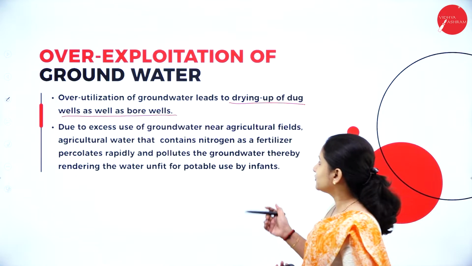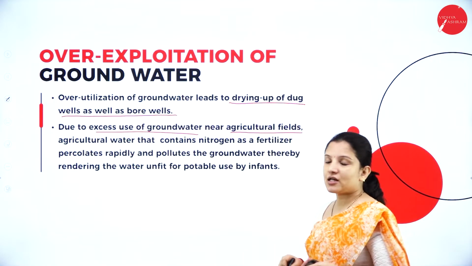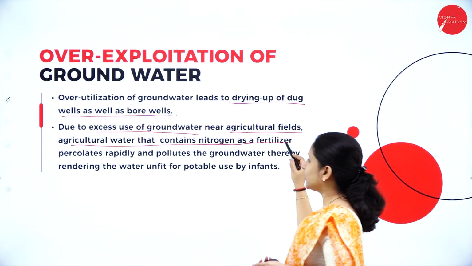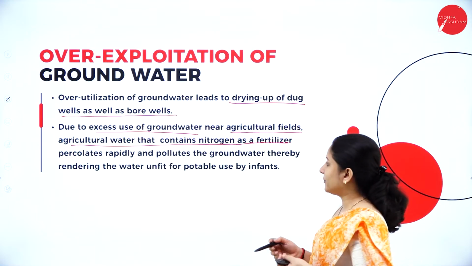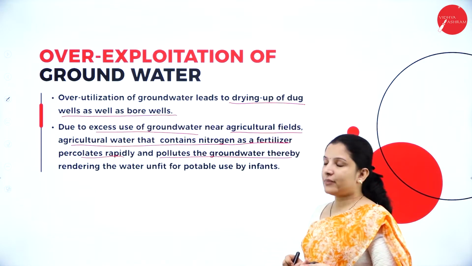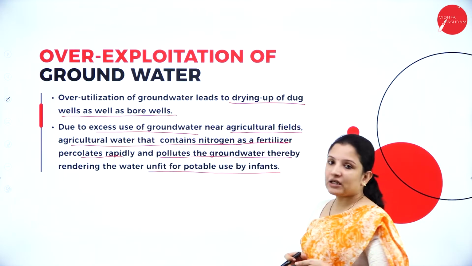And due to excess use of groundwater near agricultural fields, agricultural water that contains nitrogen as a fertilizer will percolate rapidly and also pollute the groundwater, thereby rendering the water unfit for potable use, especially by infants.